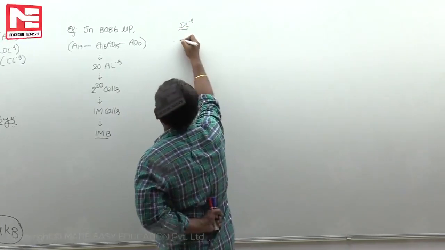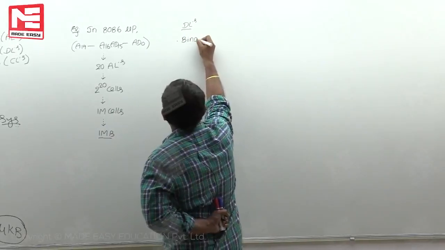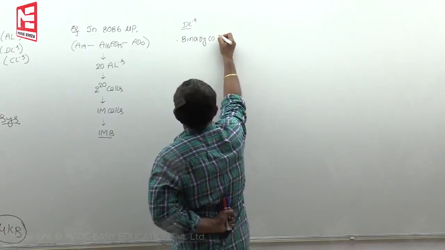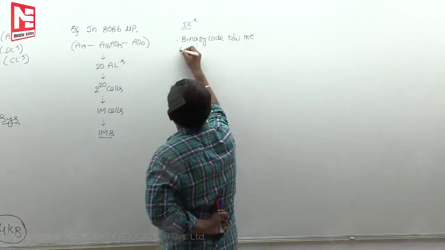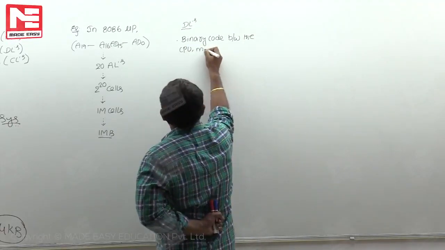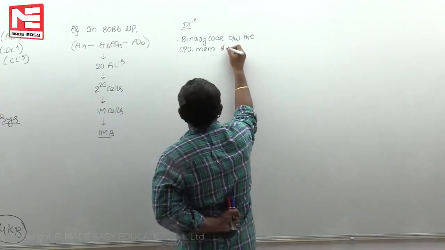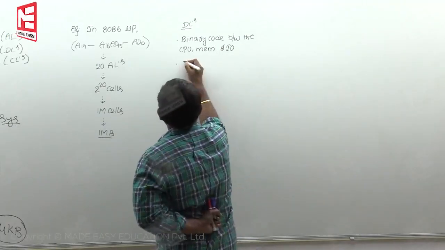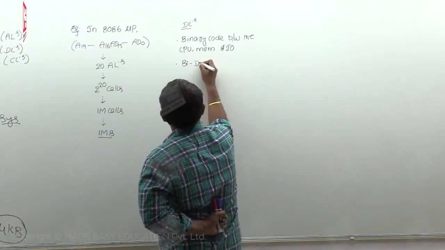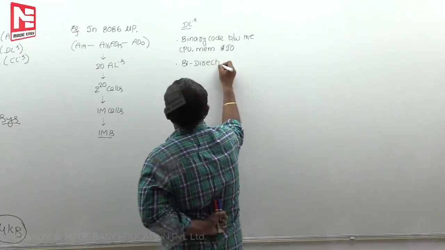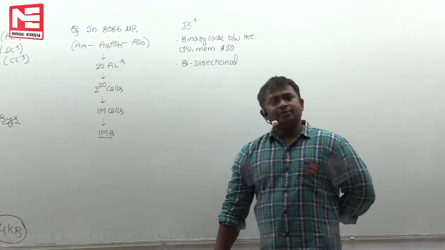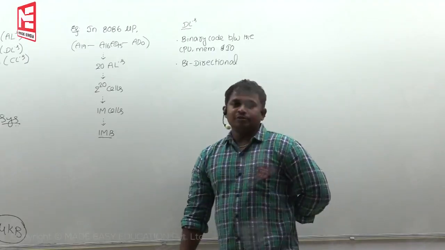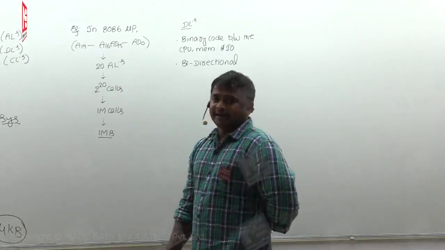Now, come to the data lines. Data lines are used to carry the binary code between the CPU, memory and I/O. So, data lines are bidirectional. We can transfer the data from CPU to memory, CPU to I/O, memory to CPU, I/O to CPU. That's why data lines are bidirectional.